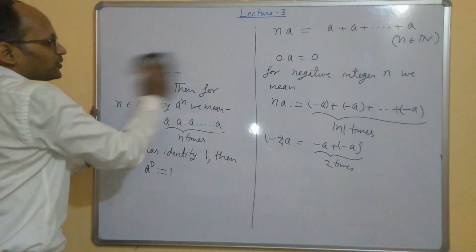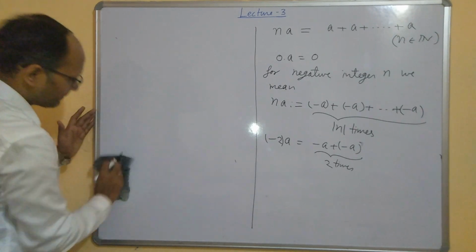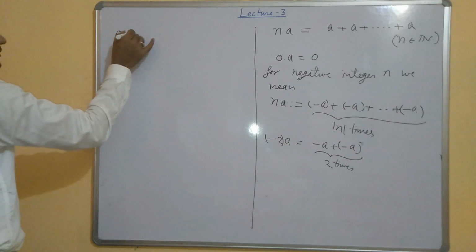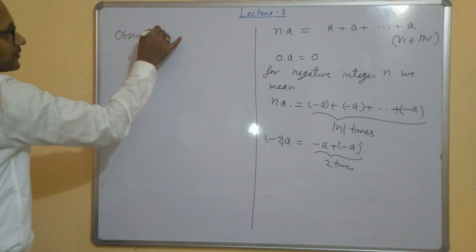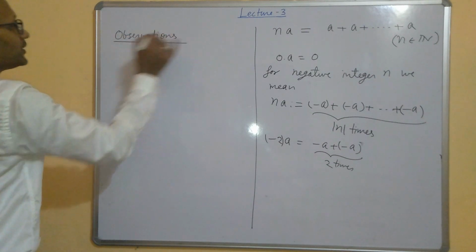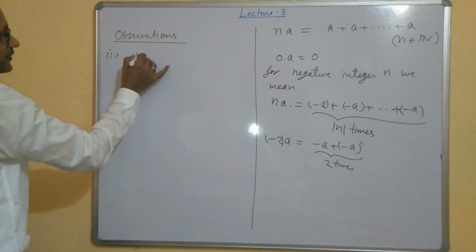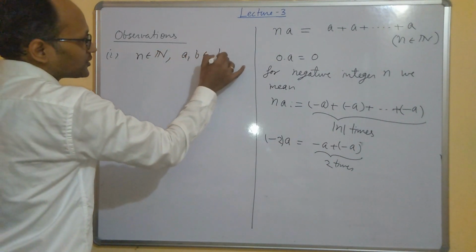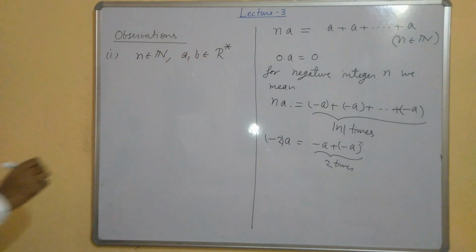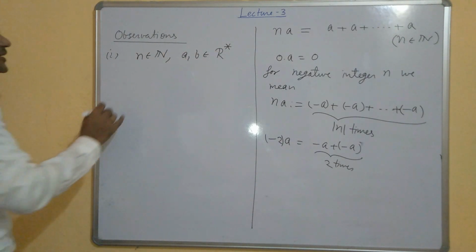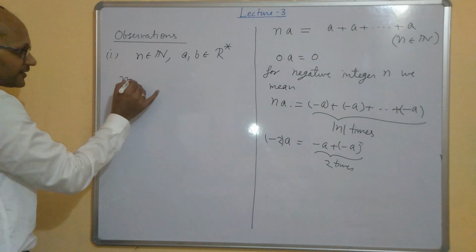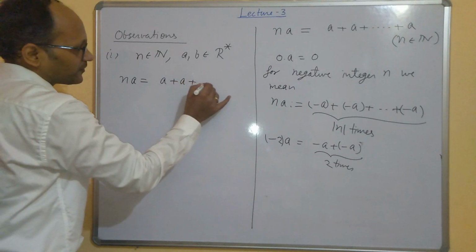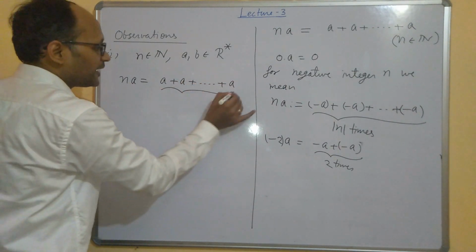Now let us do some observations. Observation. Suppose I take n to be a natural number and a, b are two non-zero elements of the ring. Then, as we have defined, na we mean a plus a, n times.